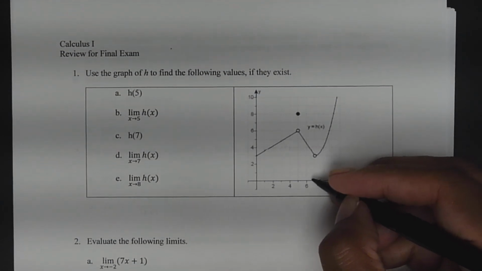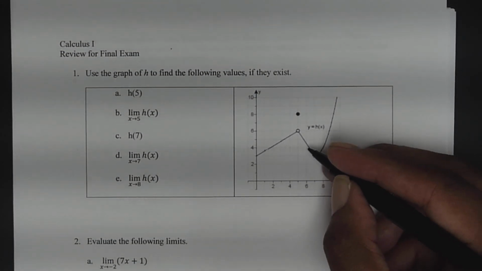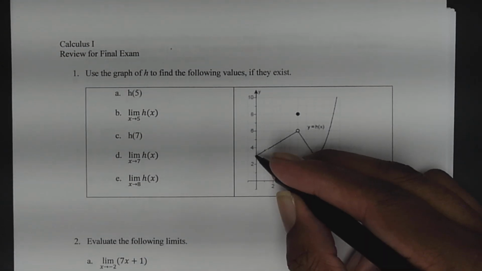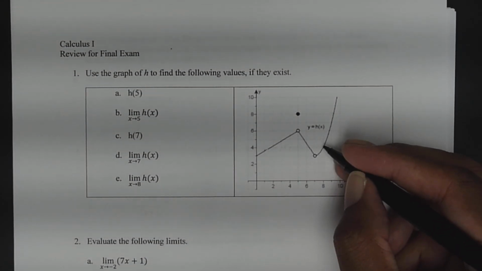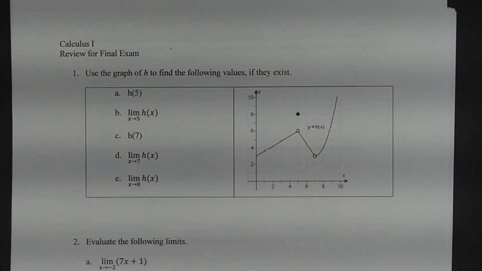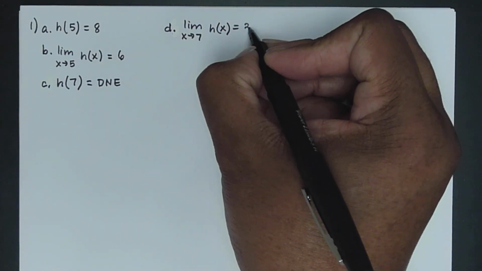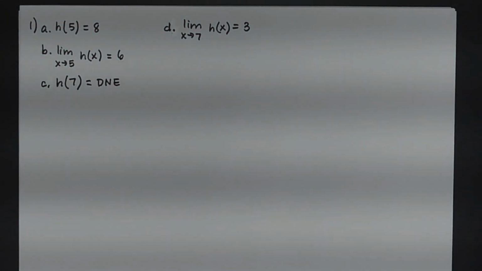But if we take the limit from the left and to the right, you're going to see on the left side of 7, it's getting closer and closer to a y value of 3. And on the right side of 7, it gets closer and closer to a y value of 3 as well. So the limit as x approaches 7 of h of x is 3.